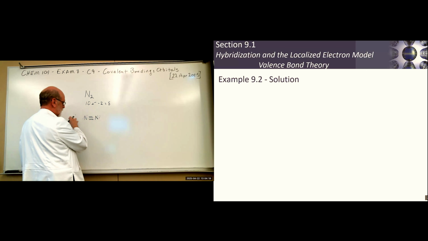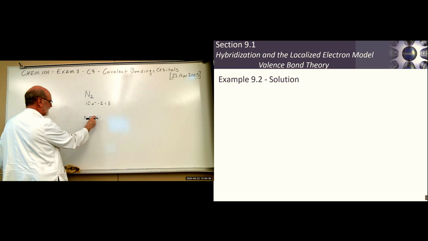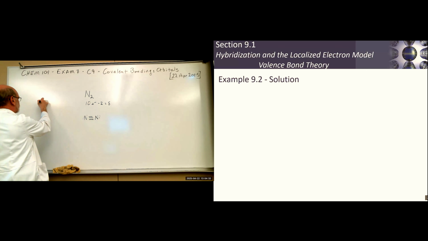And in order to form the sigma bond, we need to hybridize it in such a way that we have linear. So we hybridize and get a linear, and to get linear, we only need to combine s and p. So that means we have 2 unused p orbitals.